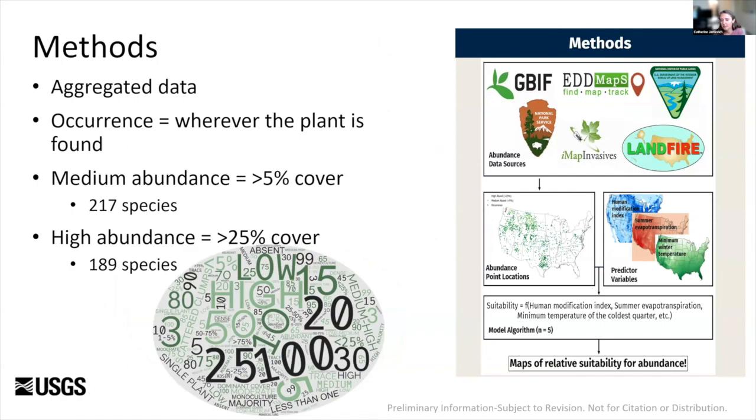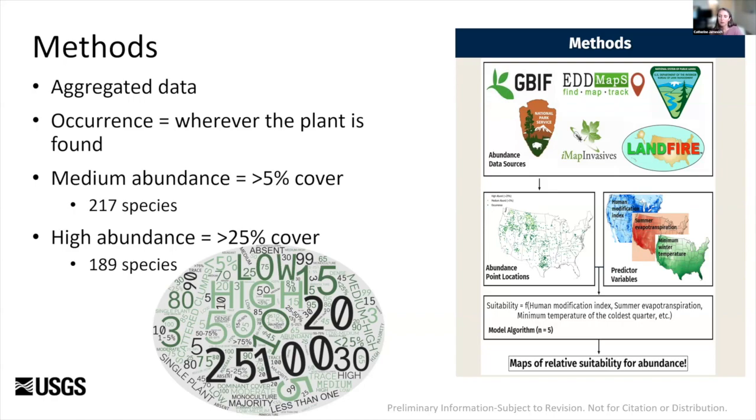This can include a numeric value, but it also has a lot of words such as single plant, majority, and a mix of words and letters. So there's not enough information there to create a true abundance measure to predict percent cover on the landscape. But what we were able to do was take that information.